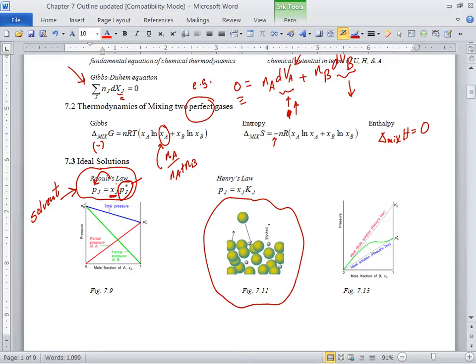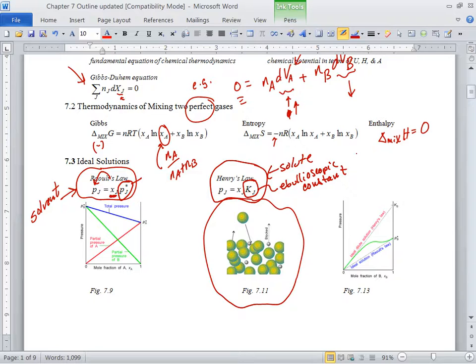Henry's law has to do not with the solvent, but the solute. Okay. And this K is called the ebullioscopic constant. And this is all for the solute, right?